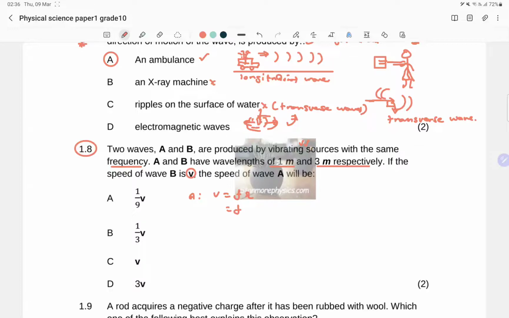So this is F multiplied by, for A, 1 meter, which is just basically F. So the V here for A is basically equal to F. Okay, not a problem. But now let's look at wave B. Wave B, we know that the velocity of that wave is going to be frequency multiplied by its wavelength. The frequency is F, but the wavelength is 3 meters. So this is going to be 3F, okay?